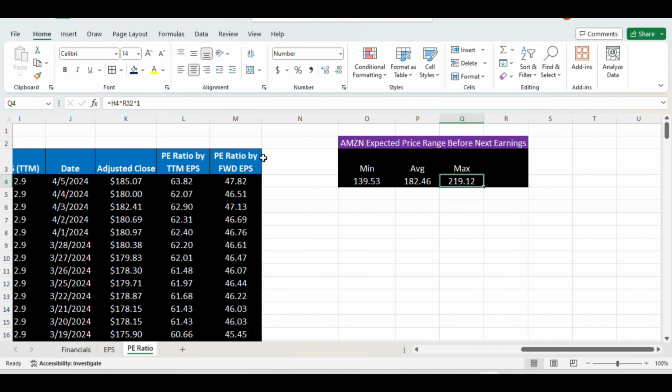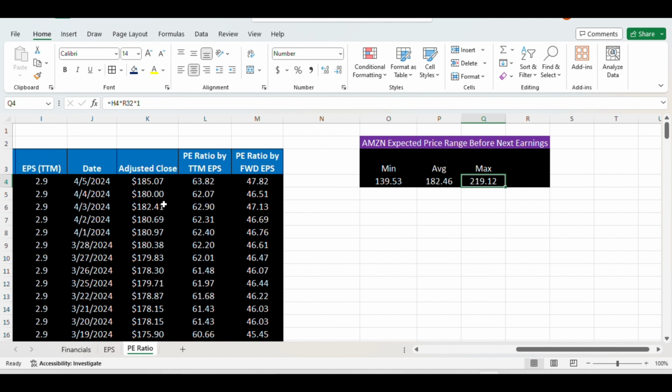So before the next earnings, Amazon should be moving between 139 and 219. At this point, Amazon is trading around 185. It's still above average, but it's not too bad because the max it can reach is 219. So to me, if Amazon goes below 182, could be a good buy opportunity.